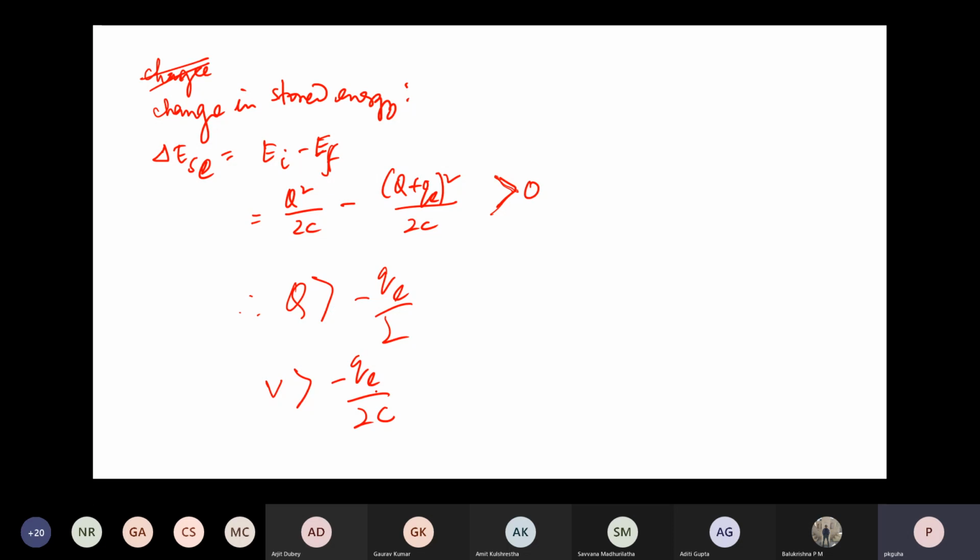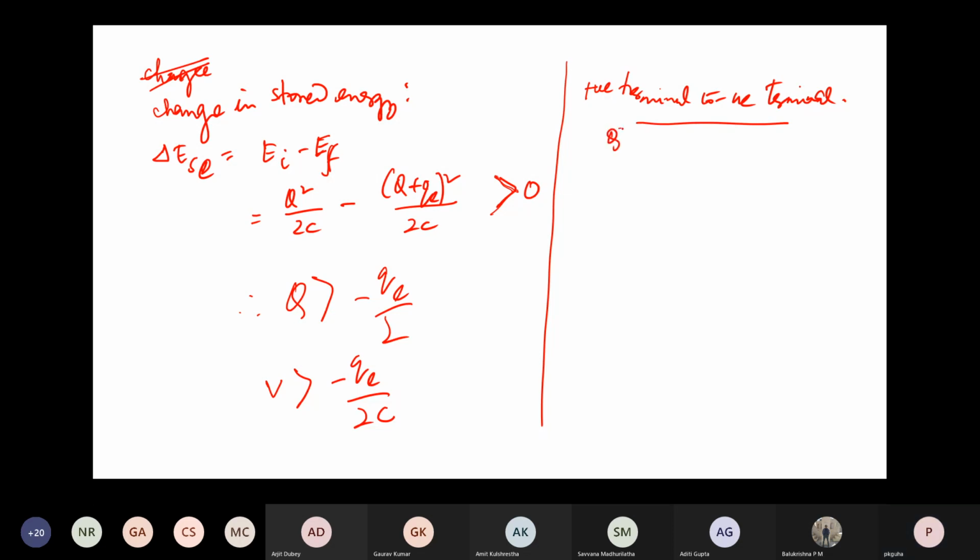Okay, we can repeat the above calculation for a single electron transfer for opposite polarity, so positive terminal to negative terminal. If it goes from positive terminal to negative terminal, then we have Q squared over 2C minus (Q minus Q_E) whole square over 2C.